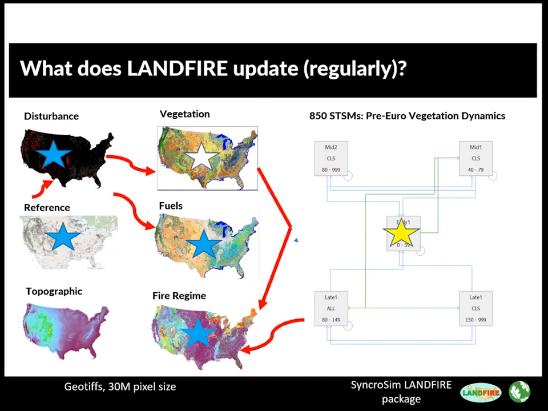So what does LANDFIRE update regularly? And by regularly now, I mean annually. LANDFIRE is now delivering the products annually, now representing disturbances as much as we can find or get or are sent to us from the previous year. So the data, you could say it's a year vintage.